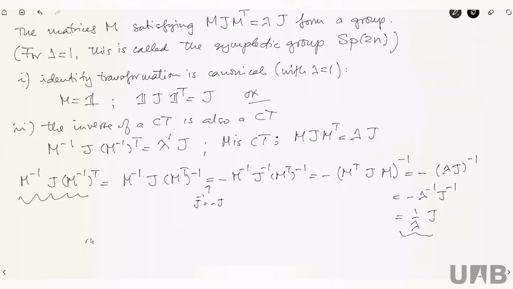That means that the valence of the inverse transformation is the inverse of the valence. It is this simple. So indeed, the inverse of a canonical transformation is canonical. So we have the neutral, and we have the inverse of a canonical transformation is also canonical, so there is an inverse.